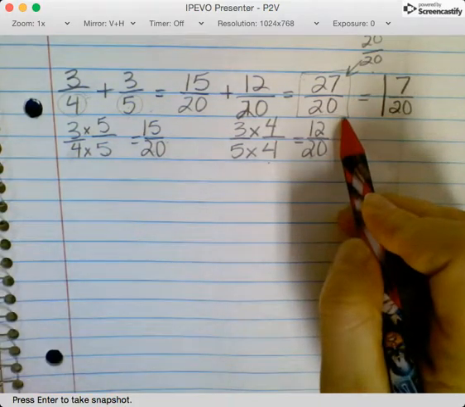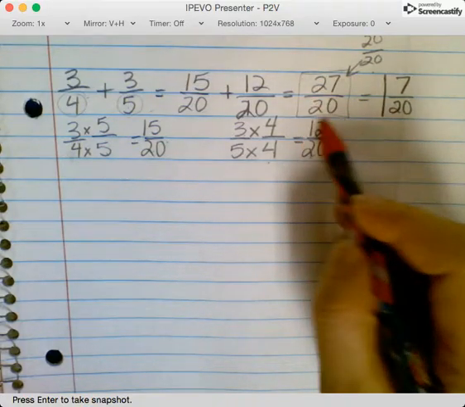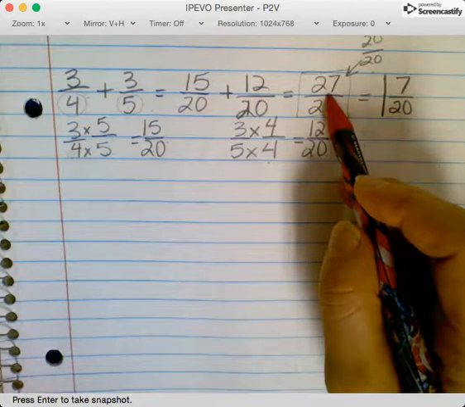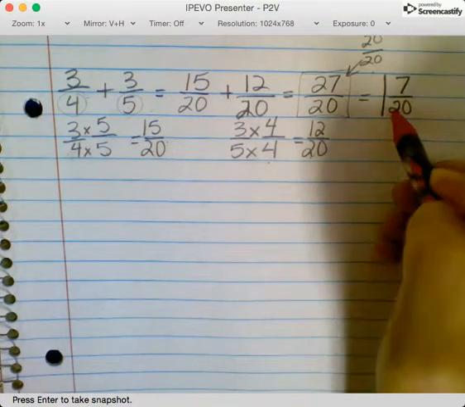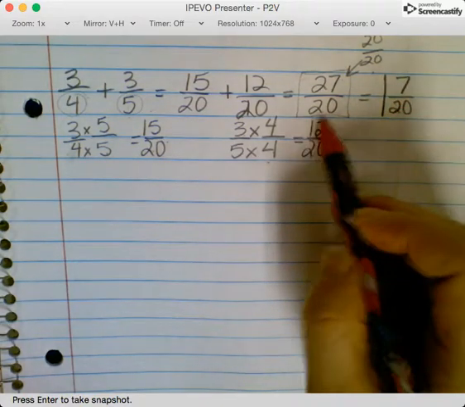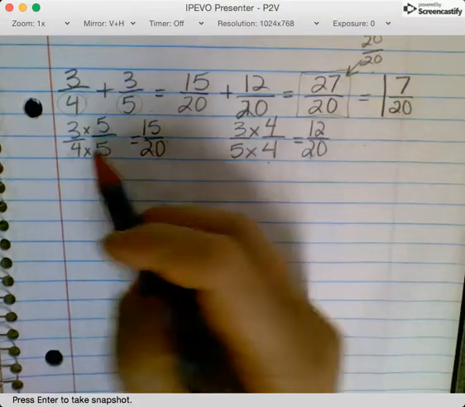I'm going to make a video on how to change this from an improper fraction to a mixed number. So stay tuned for that. But just for shortcut's sake, know that this is how we could do it one way.